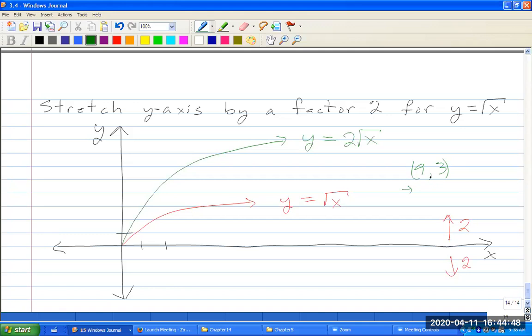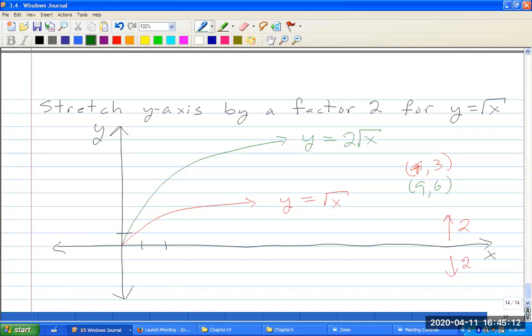So suppose the point 9, 3 was a point on the red graph. Then 9, 6 will be on the green graph because you double the y.